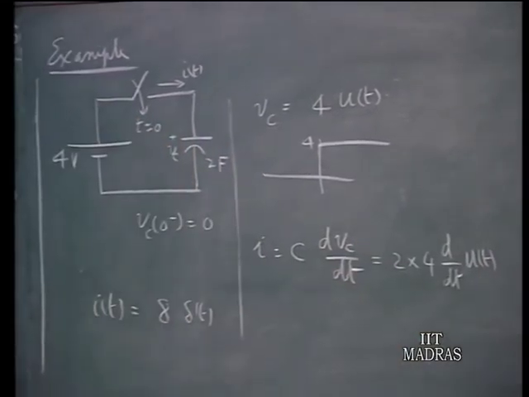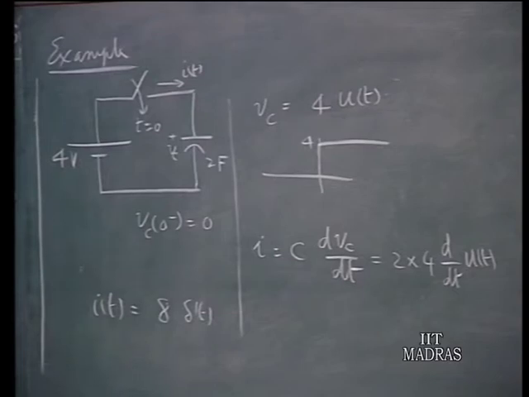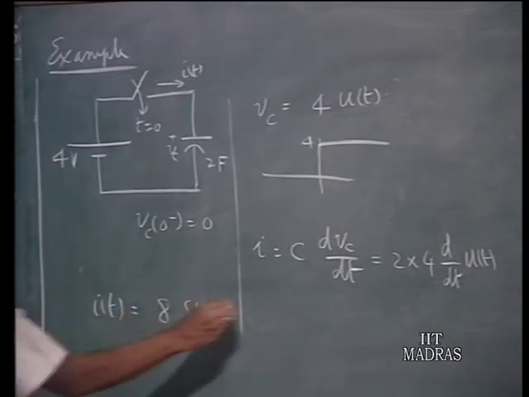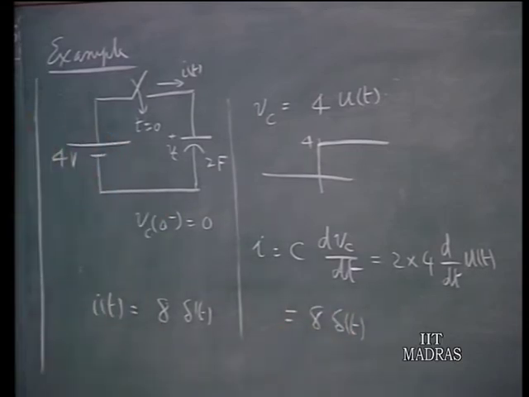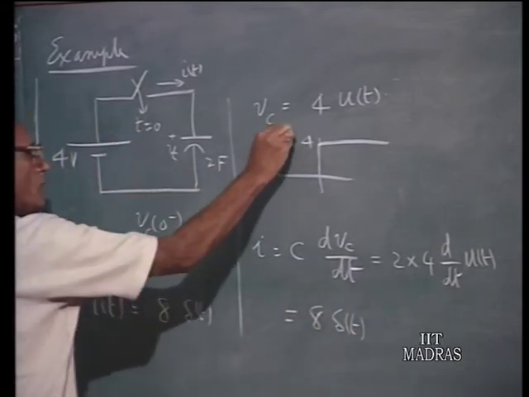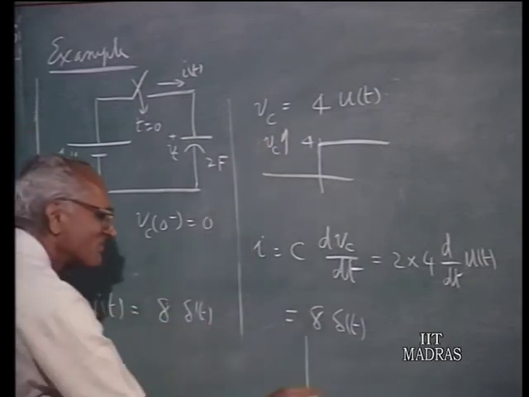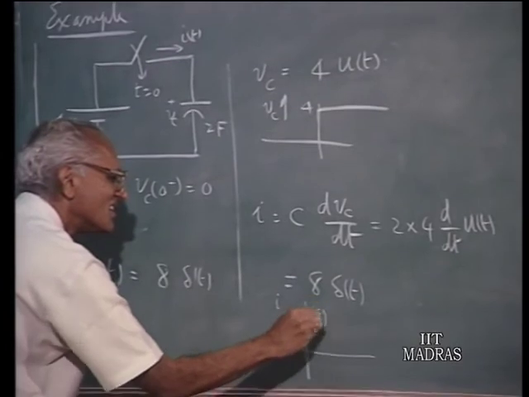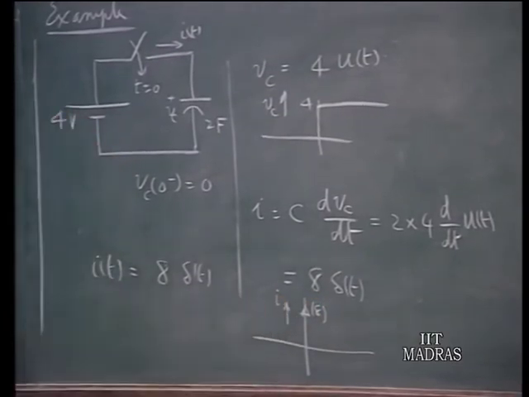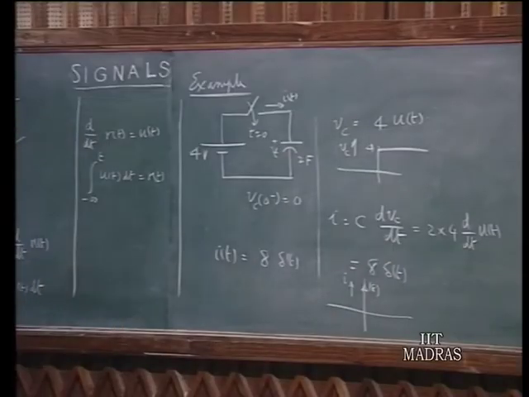That is the expression for the current, and we have just now observed d/dt of u(t) is delta(t), therefore this is 8 delta(t). So if you look at the waveform of the current in the capacitor, it is a delta of 8 units magnitude sitting at the origin. That is the expression for the current in the capacitor.